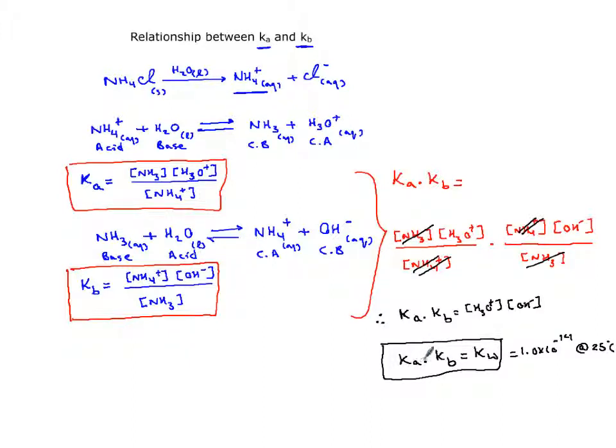I'm going to do the same treatment for another salt. Let's say we have sodium ethanoate, NaCH3COO. Sometimes we put the plus and minus too. Again, as a salt it is going to dissociate 100% in water. It will give you sodium ion, a spectator ion, and it will give you acetate or ethanoate, which is going to react with water. Let's look at that reaction.